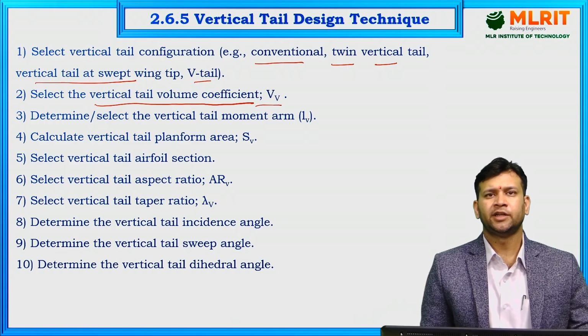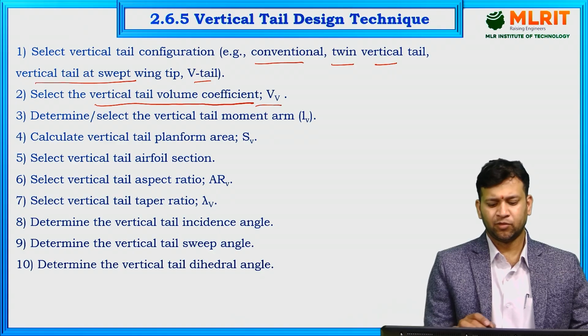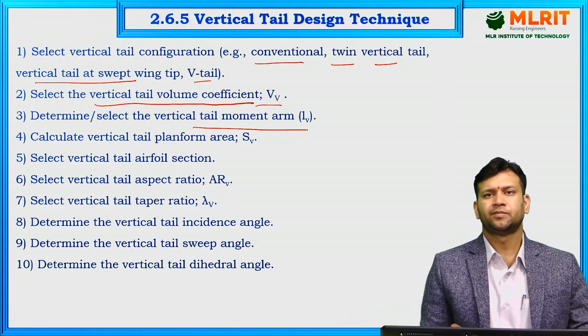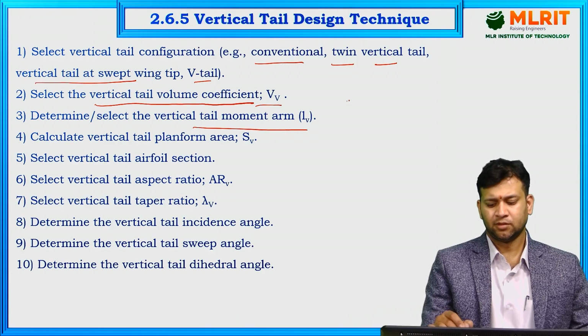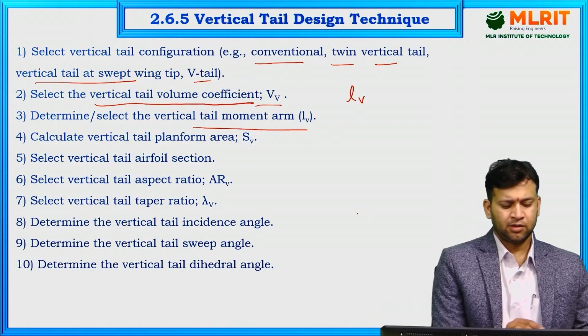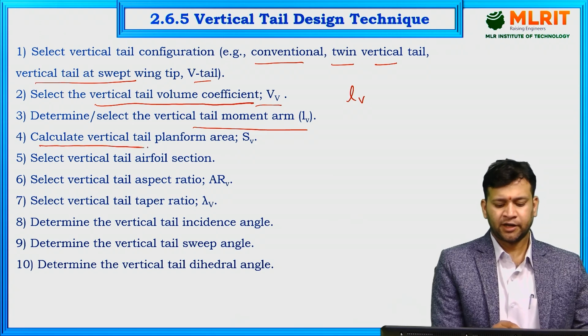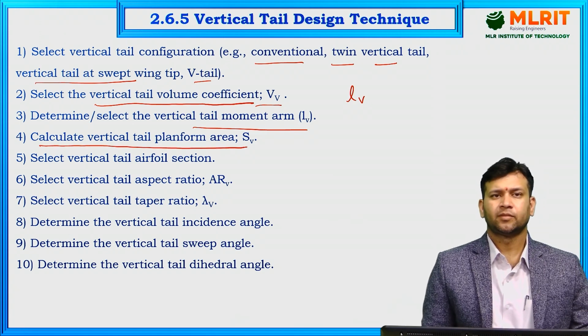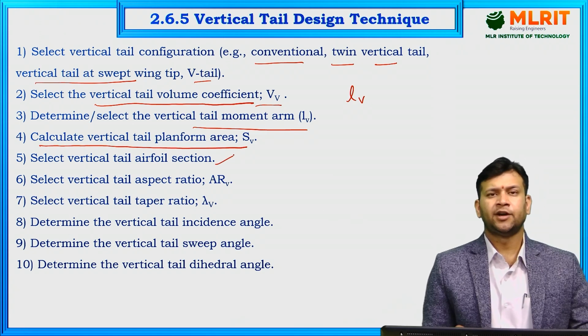After determining the tail volume coefficient, we determine the vertical tail moment arm length, and then calculate vertical tail planform area, select vertical tail airfoil section.